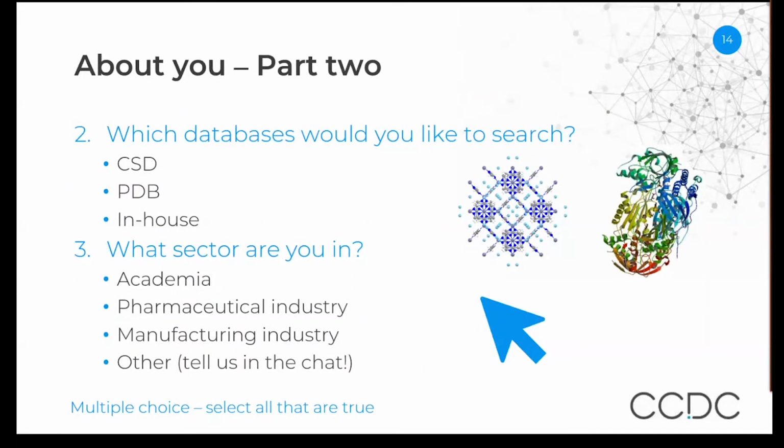So now we've been reintroduced to some of the crystallographic databases and the CSD, let's do a few more questions about you. Which databases would you like to search using CSD CrossMiner today, and what sector are you in? You should hopefully see the poll being published now. I can see some answers coming in.